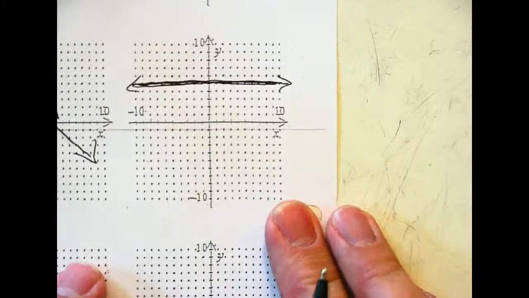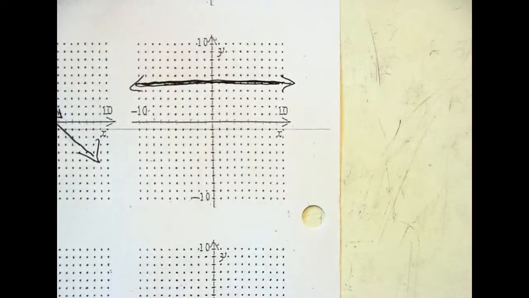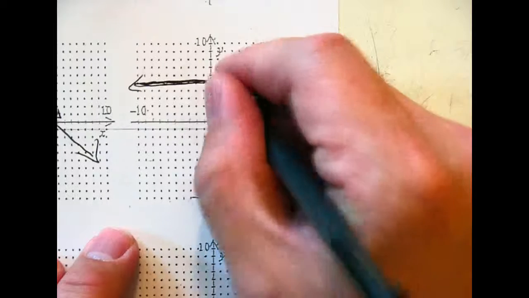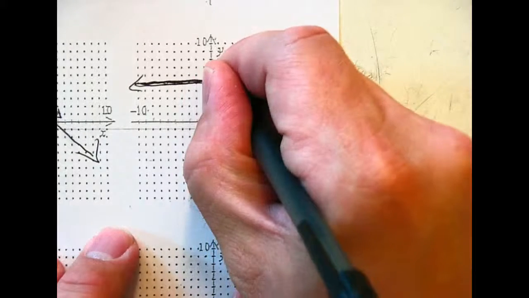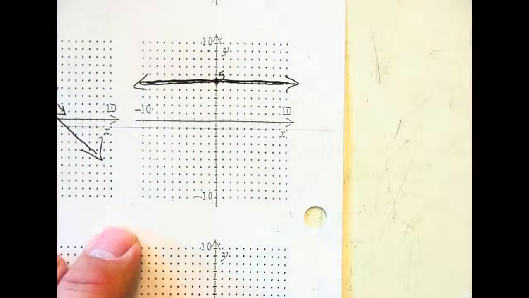Okay, this line right here. Tell your neighbor which axis it crosses. The y-axis. This line crosses the y-axis at 1, 2, 3, 4, and 5. It crosses at 5. Is this line vertical or horizontal? Horizontal.